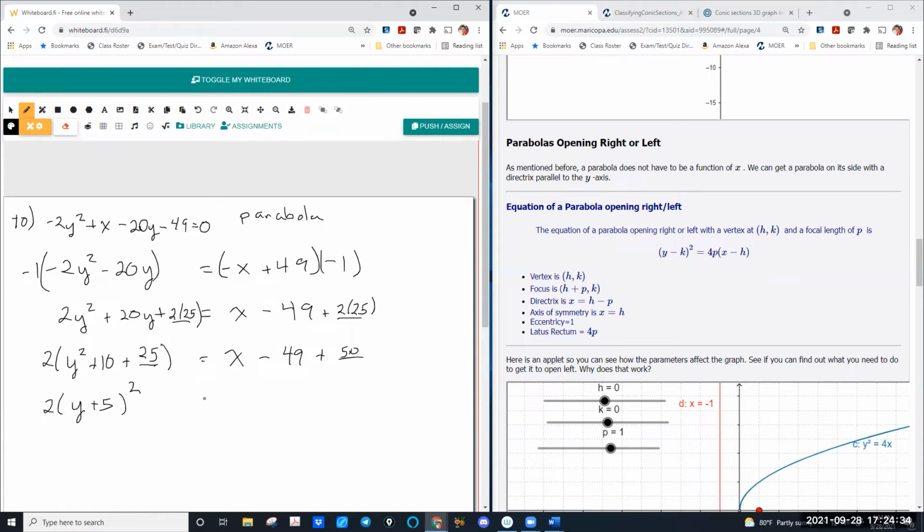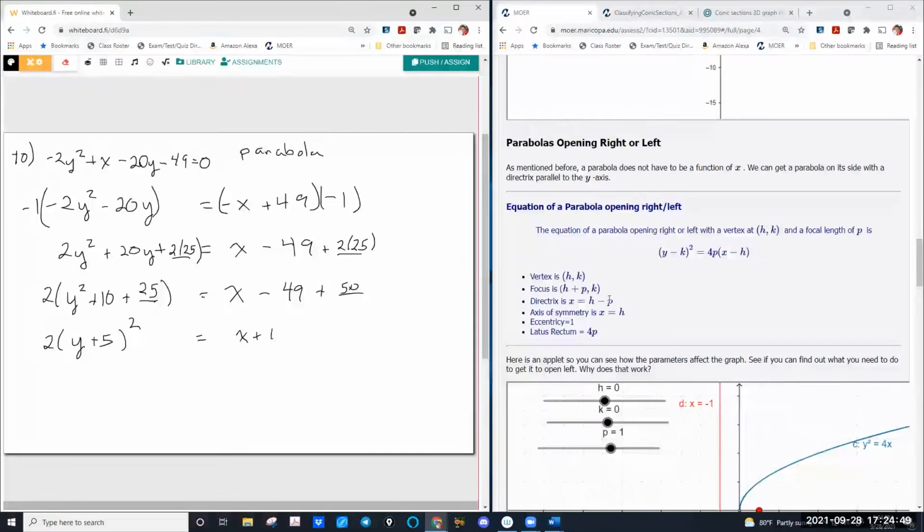All right. Last thing we got to do, finish this up. x - 49 + 50, so x + 1. And lastly, notice that we've got this coefficient over on this side. We want to make sure we match that.